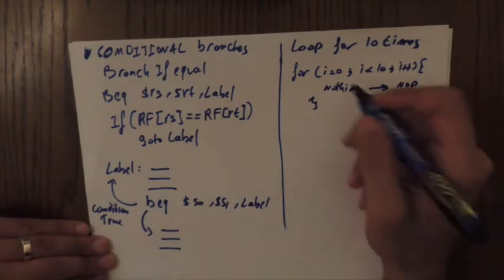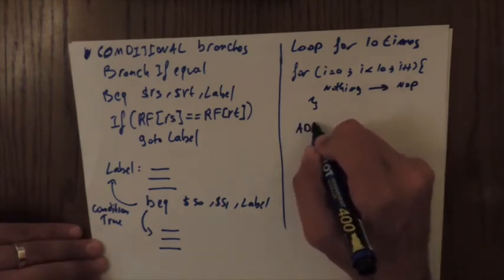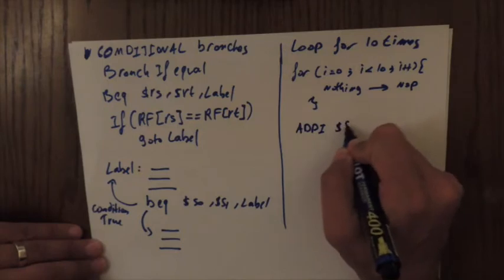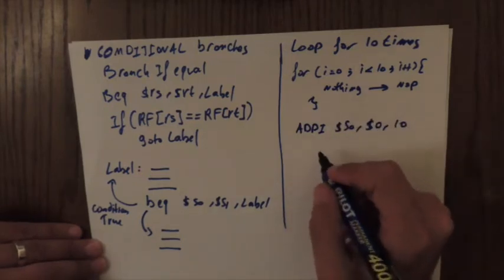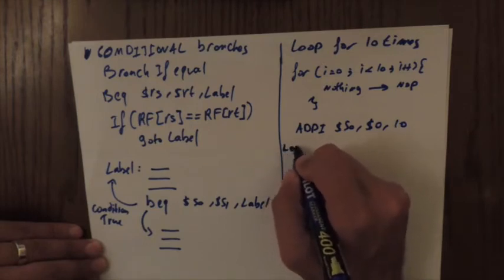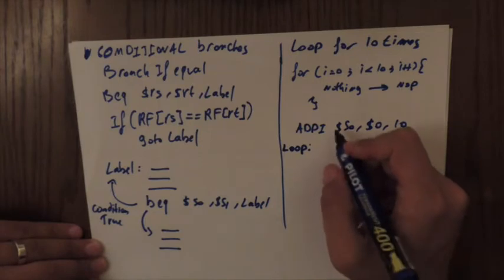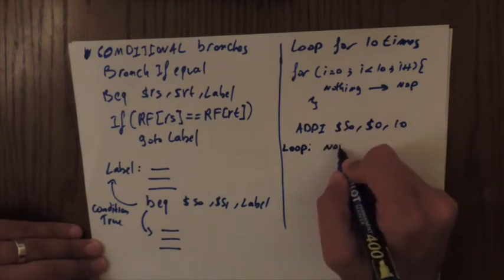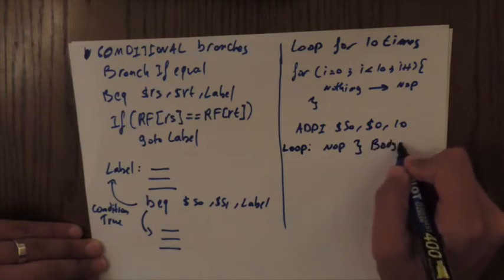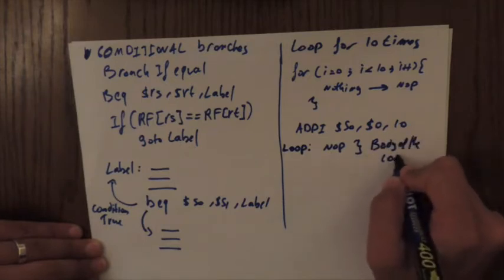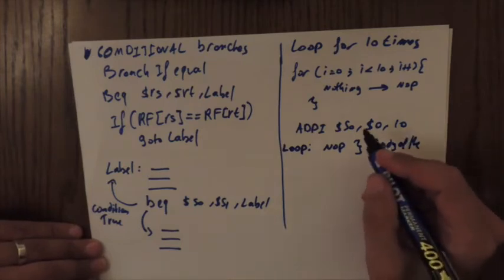To do this in MIPS, first we initialize a variable. We're going to use $s0 and initialize it to 10, and then add a label called loop. First we put nop, this is the body of the loop. Now we want to subtract in each iteration.